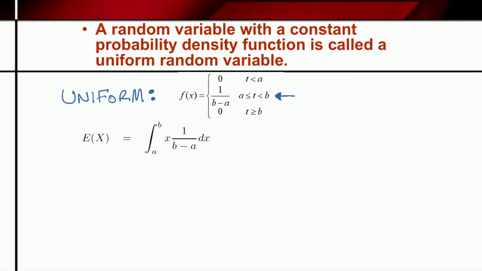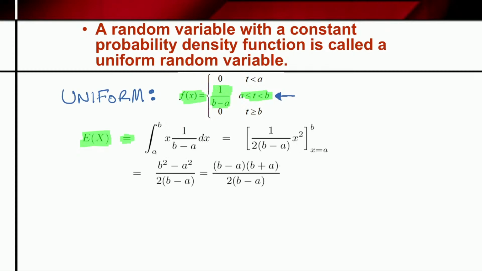The expected value of a uniform random variable is, and here let me just highlight what you care about. So you care about this, but not that. Not that either. There. I guess all of that is the proof.